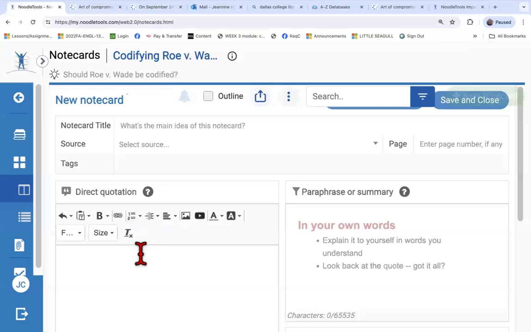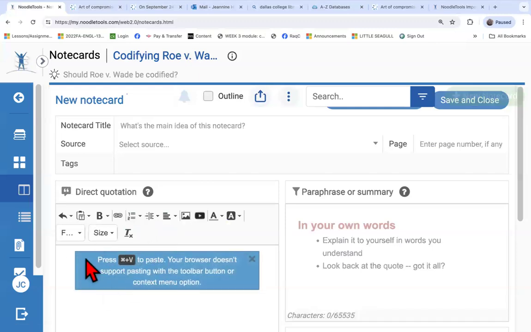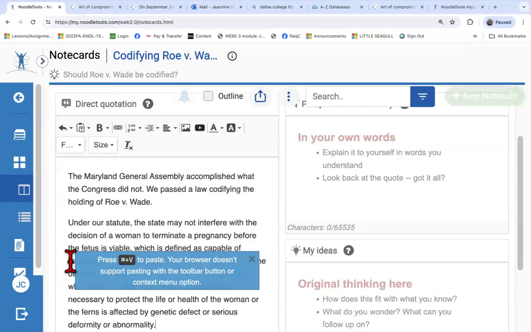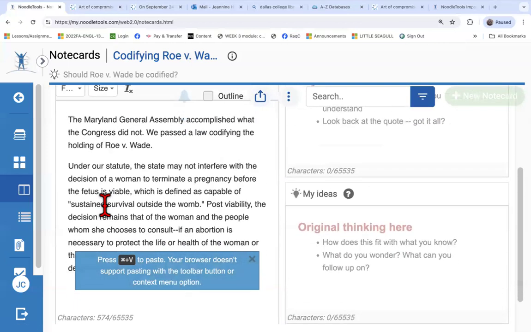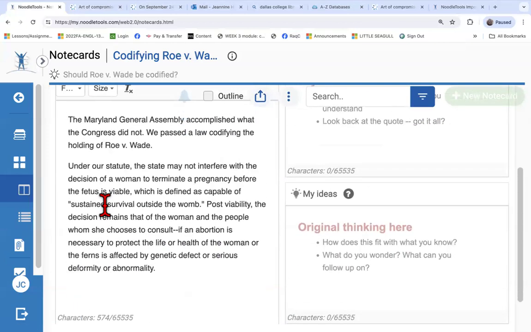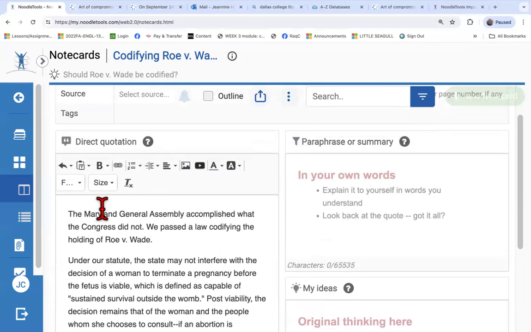Okay, so I'm going to put that quotation there. And that's pretty long. I want to keep it to 2 sentences if I can. So let's look.